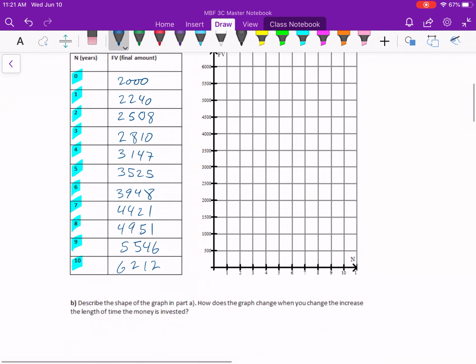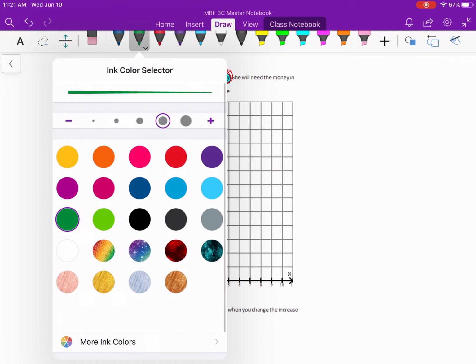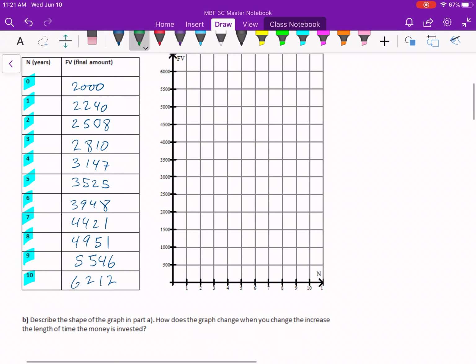Now, we want to graph this to see what the graph looks like. So let's do a nice green graph. Get some bigger dots, and let's plot these. These are ordered pairs, right? So 0 and 2000 is an ordered pair. That'd be right there.